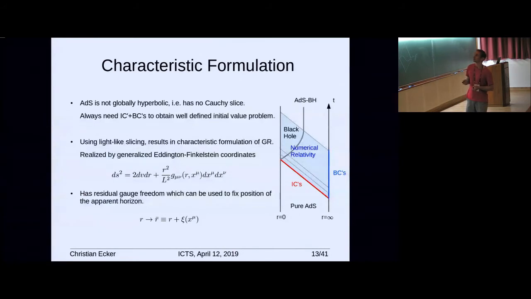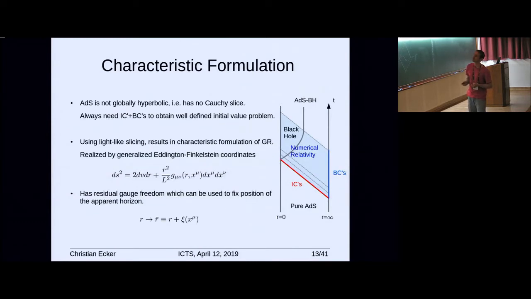This characteristic formulation is now realized in such a way that you use a light-like slicing for your space, and this can be realized by using these generalized Eddington-Finkelstein coordinates that I write here. There is no dr squared term, which is specific for this, and this form of the metric has, in addition, some residual gauge freedom.